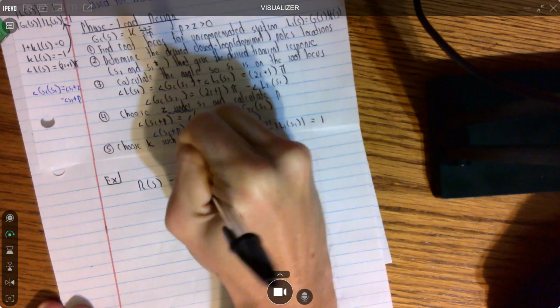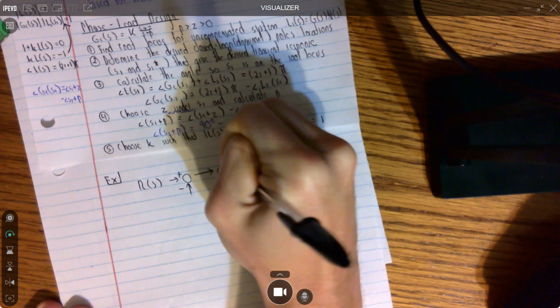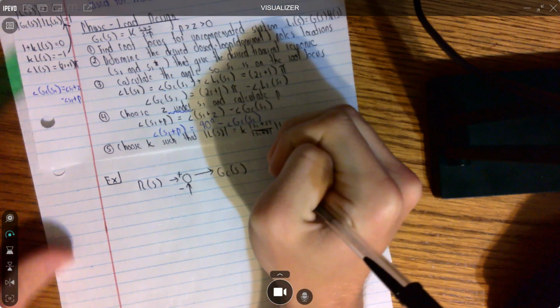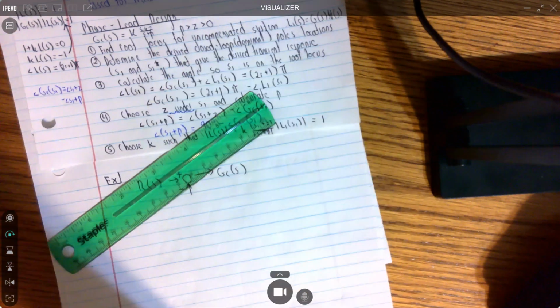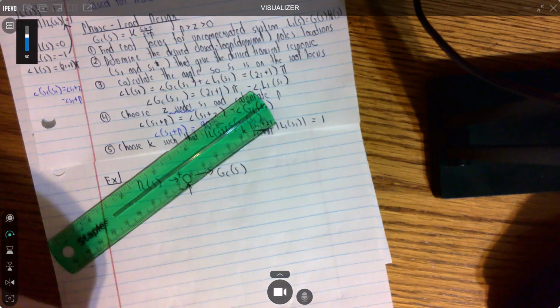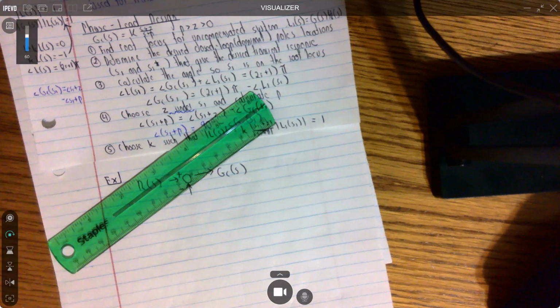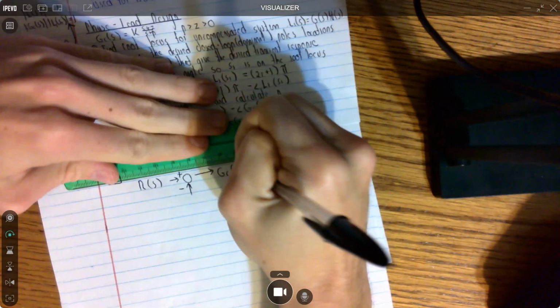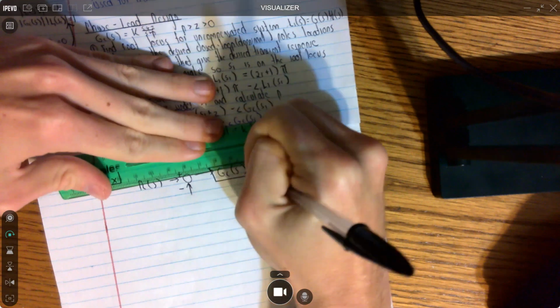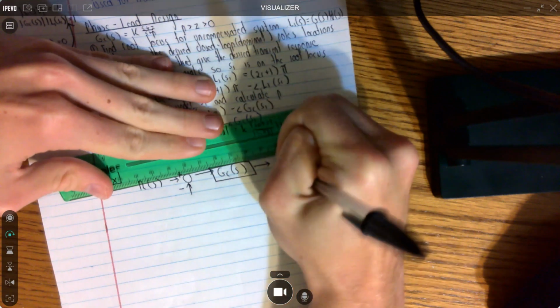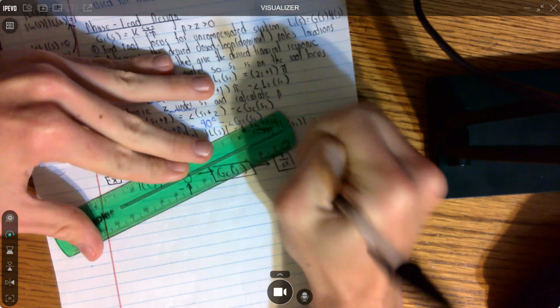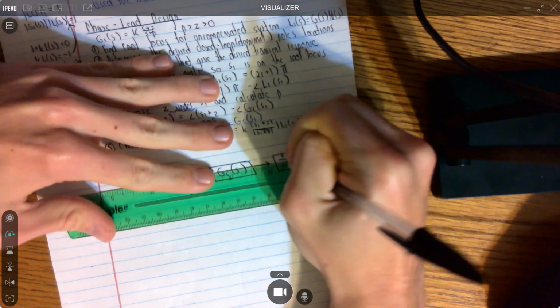Then we're going to have our compensator, GC of S. And then we're going to have 1 over S squared as our actual system here. And then it goes to the output signal, C of S.